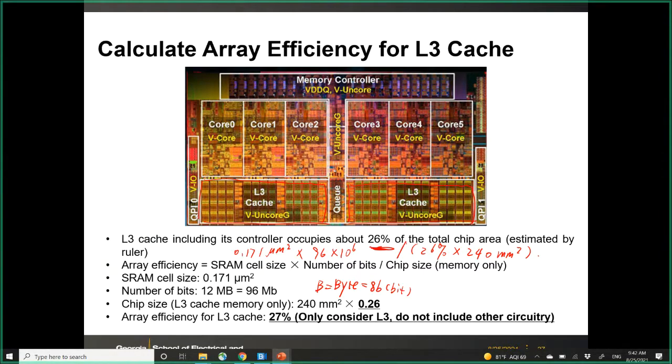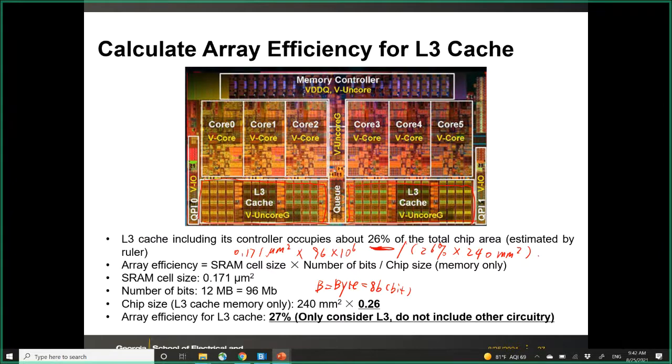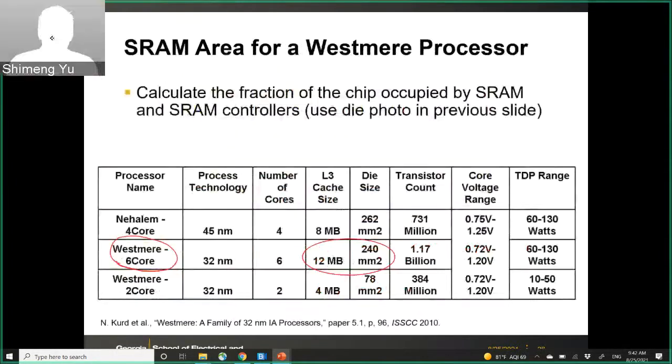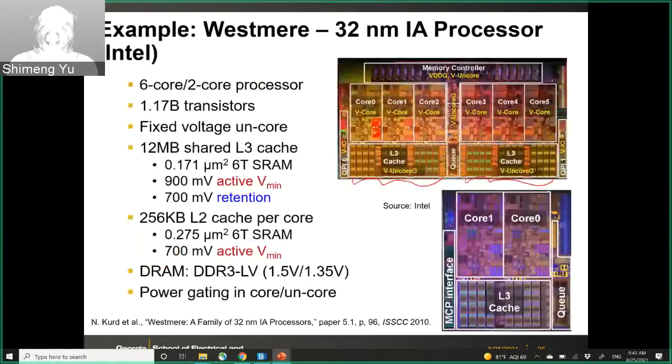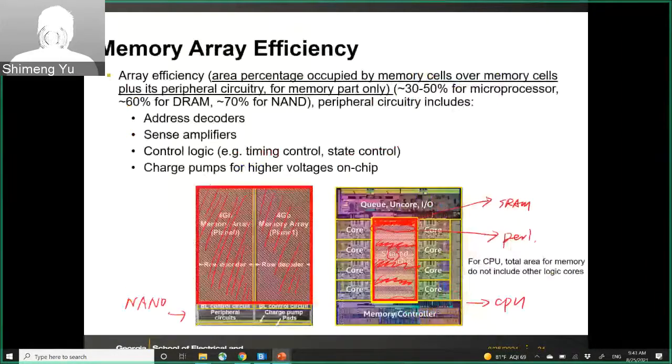Any questions in this example? Yes. This is from the information here, the total die size, that is for the whole CPU chip. It's provided in the previous slide.